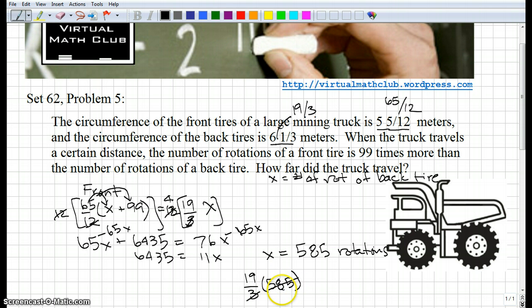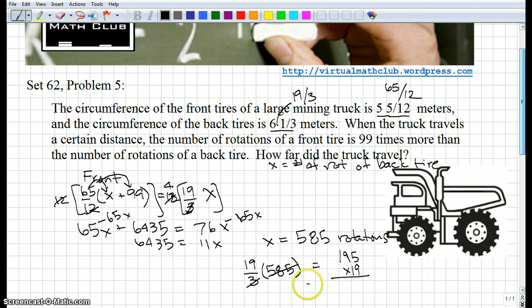Because the digit sum is 18, so I know it's divisible by 3. And it turns out that that is 195. If I take that times 19, without going through all the math, I end up getting 3,705 meters. Okay? So, that's how far the truck traveled.